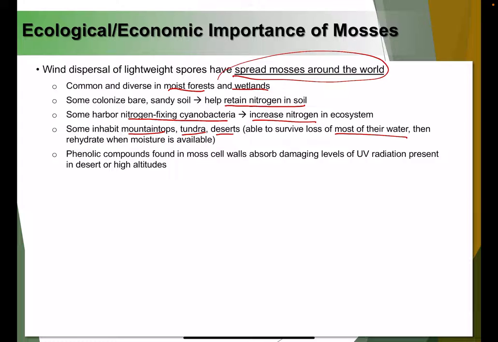Some plants, once they lose their water, they're dead. But for a lot of mosses, they can lose a majority of their water. And then when they have access to moisture again, they can rehydrate themselves as soon as that moisture is available. So that is a feature that moss have compared to other plants.